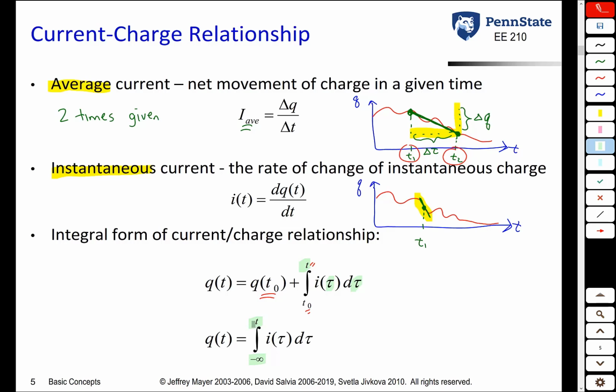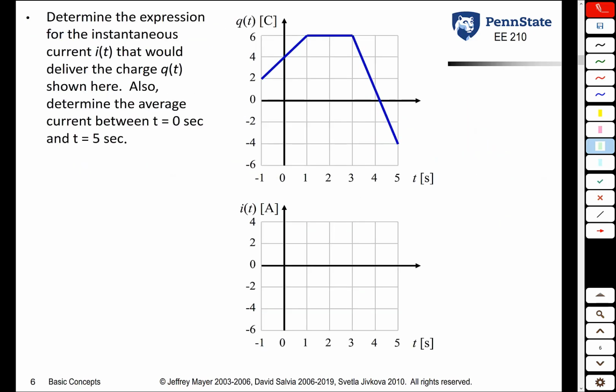Okay, let's do a couple examples now to illustrate this relationship between charge and current. So here we are given a plot of charge at a point in a circuit as a function of time. And we're asked to determine first off an expression for the instantaneous current that would deliver that charge, and then we want to find the average current between 0 and 5 seconds.